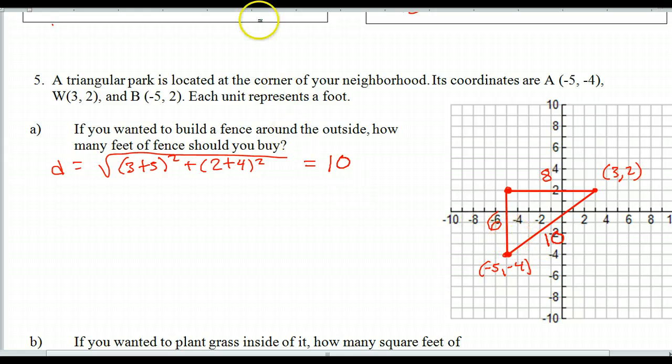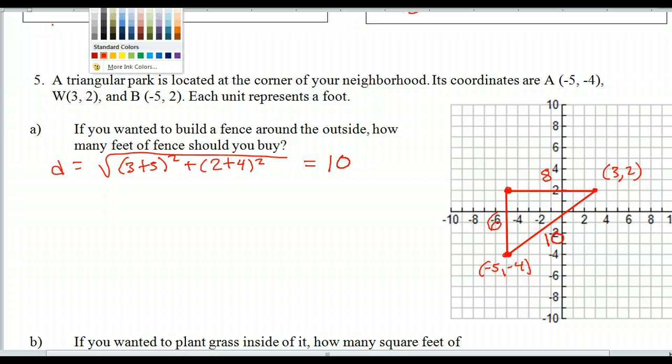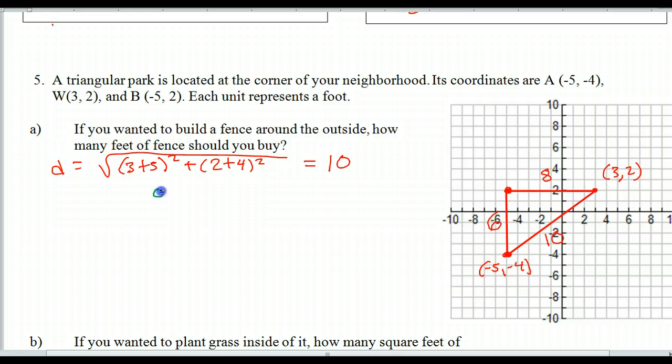Alright, so one way to find this third length is to do the distance formula, and I get 10 that way. Let me change colors and show you another way that I could do it. I could have done the Pythagorean theorem. I could say that the distance squared, c squared, is equal to a squared plus b squared. So distance squared is equal to 6 squared plus 8 squared.